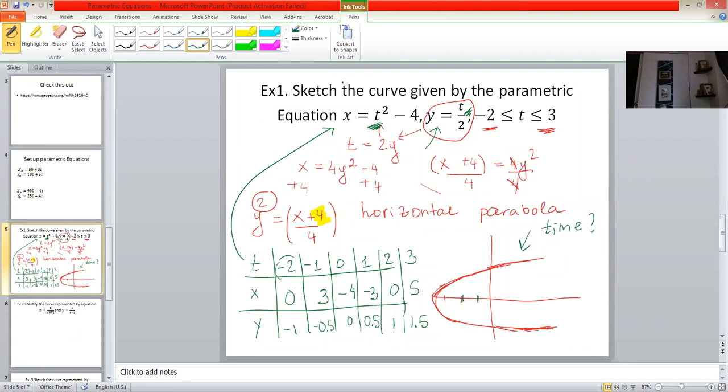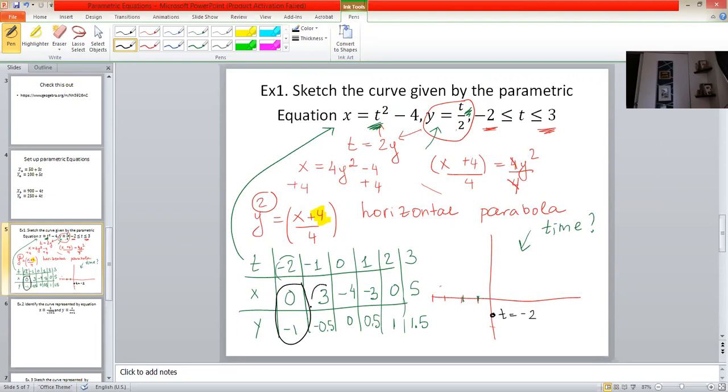Thank you very much. All right, let me now graph these ordered pairs. Actually, my graph was not really accurate. Let me just erase my parabola. I did not really graph it well. And I'm going to do another parabola very quickly. All right, 0, -1. That point happens at t equals -2.